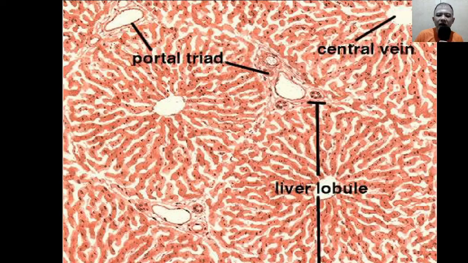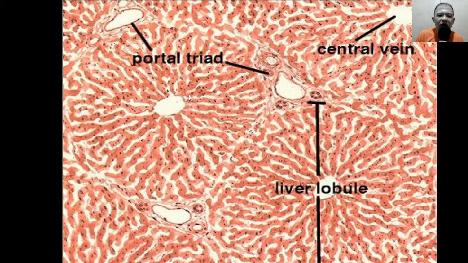Depending on the basis of the lobule, if your point of reference is the central vein, we call it the central lobule. If the point of reference is the portal triad, we call it the portal lobule.